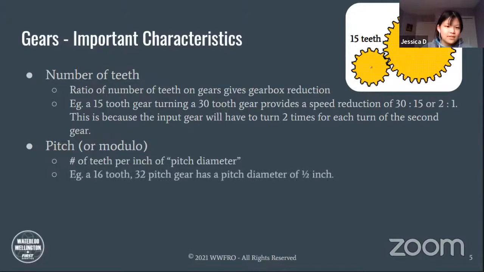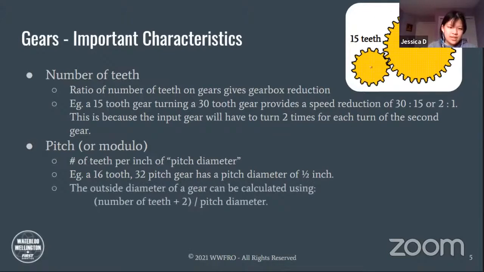But for example, if you have 15 teeth on a gear and it has a 32 pitch, then you can figure out that it has a pitch diameter of 1/2 inch, right? So 16 teeth divided by the pitch diameter, which is half an inch, will give you 32.